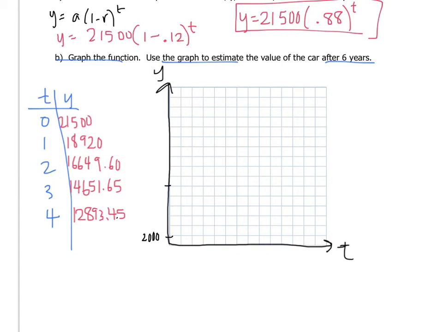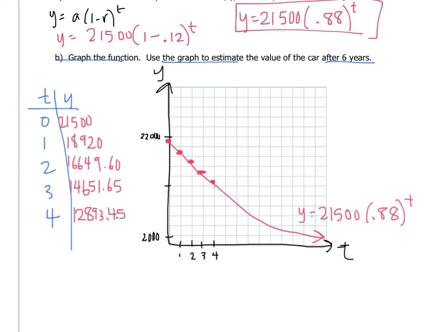That would be about 22,000 right there. Maybe I could go by like 1,500 or something, but good enough. So, I did the best I could. It looked really linear, but I knew I needed to make it curve and make it kind of hit that asymptote of the t-axis. So I made a curve.